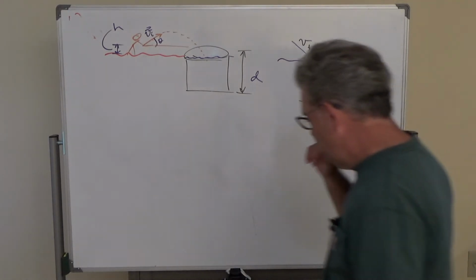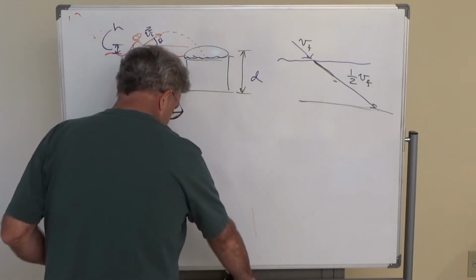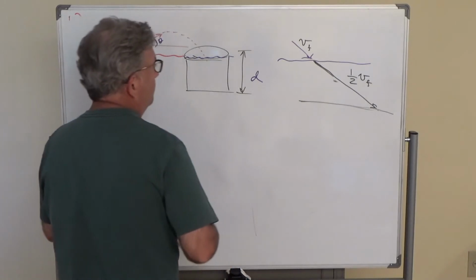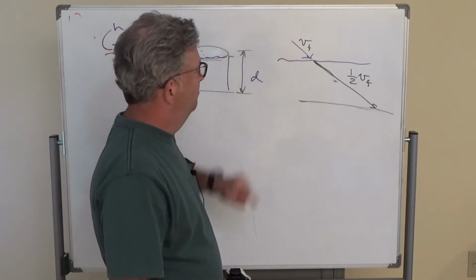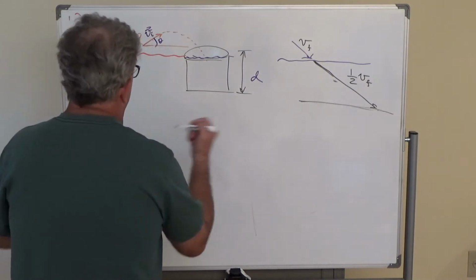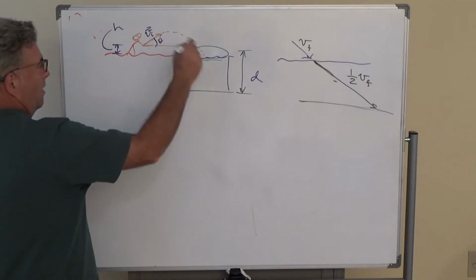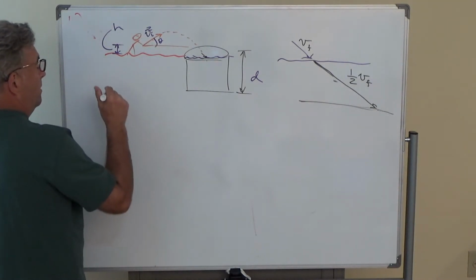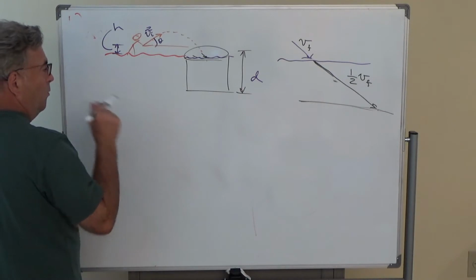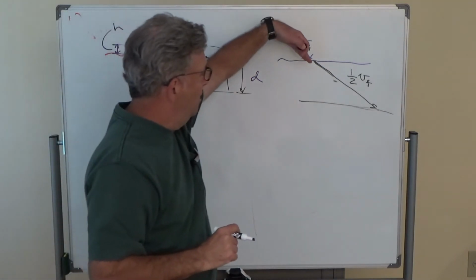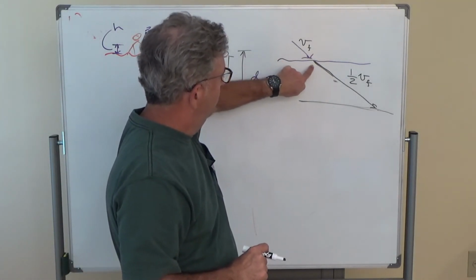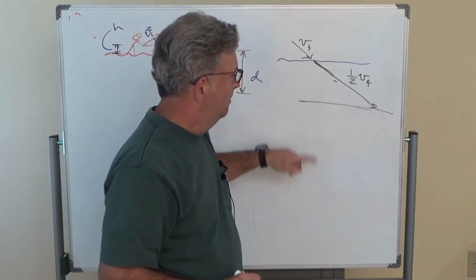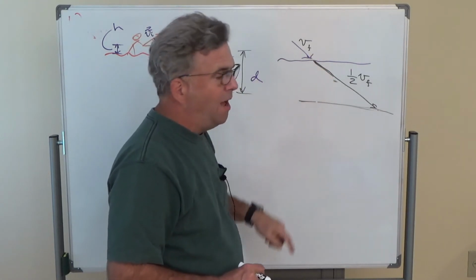All right. So let's see if we can figure out V final. I'm saying V final happens right here. Because if we can figure out this angle and this velocity, it's a simple matter to figure out how long it takes to get to the bottom.